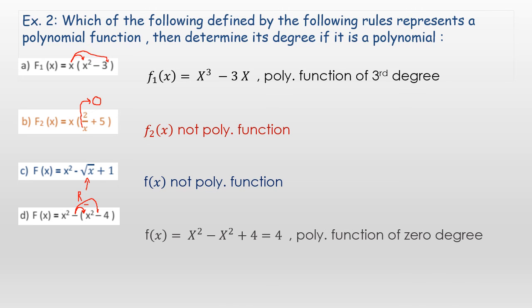Then x to the power 2 minus x to the power 2 is 0, plus 4, which is a constant. So the constant value of this function has degree 0.